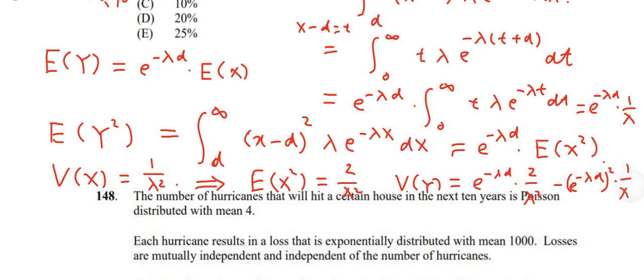Putting them together, e^(-lambda d) is just 0.9, so we find 2 times 0.9 minus 0.9 squared, in units of V[X].